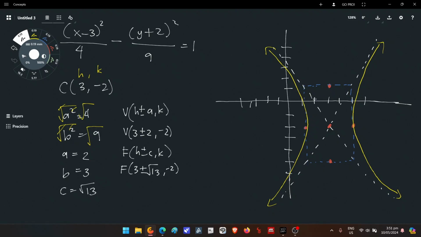So 1, 2, 3, 4, 5, 6, and 6.6 is around here, and then we're going down 2. 3 minus square root of 13 is negative 0.6. So it's going to be right here, negative 0.6, and then down 2. So this is going to be our foci.